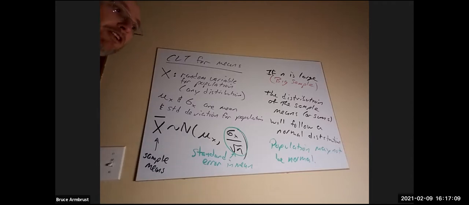All right, so let me show you how this works. Let's actually do a problem here using the central limit theorem regarding sample means, so you can kind of see what you're going to have to do on homeworks and stuff.